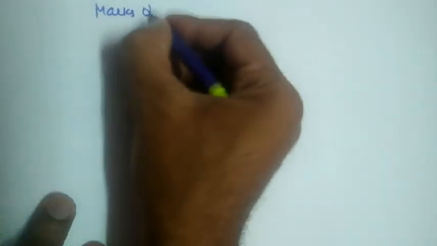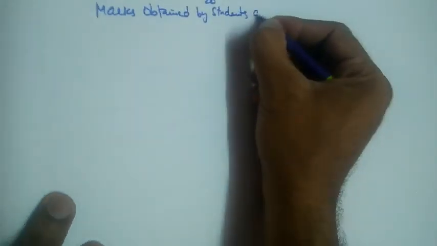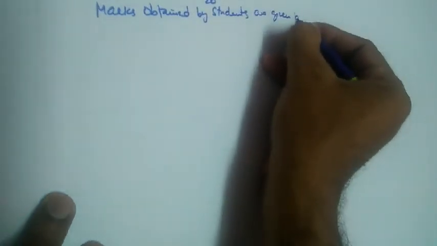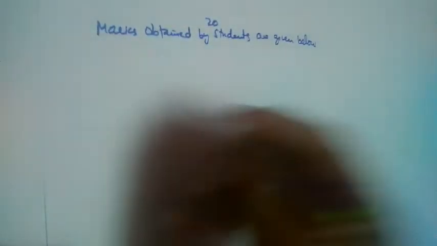What if the observations are given in tabular form? For example, let us say marks obtained by 20 students are given below.